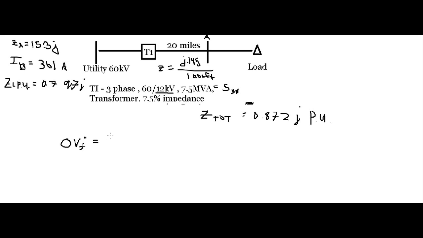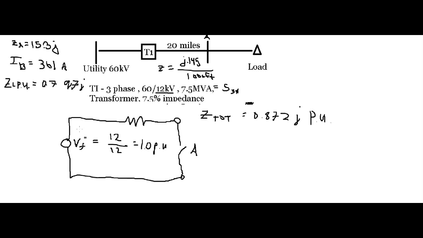Per unit the pre-fault voltage is just going to be 12 kV, the base voltage, divided by the actual voltage, which is also 12 kV, so it's just 12 divided by 12, which equals 1.0 per unit. And then the rest of the circuit is going to be the Z total, and then just the open point with a switch representing the fault location A. And this is your 0.872 j Z total.